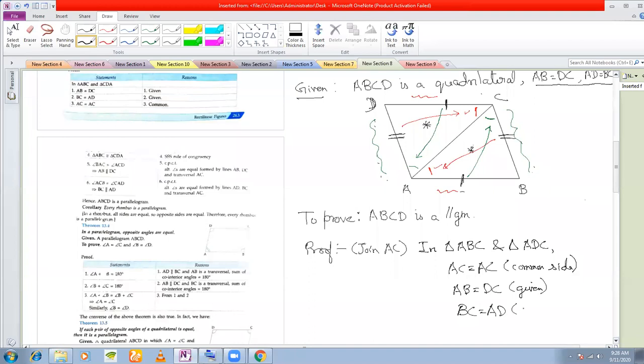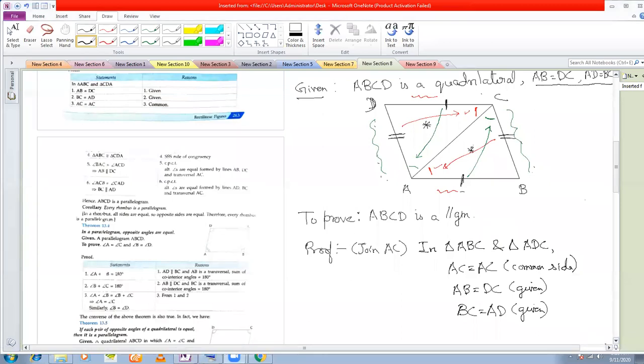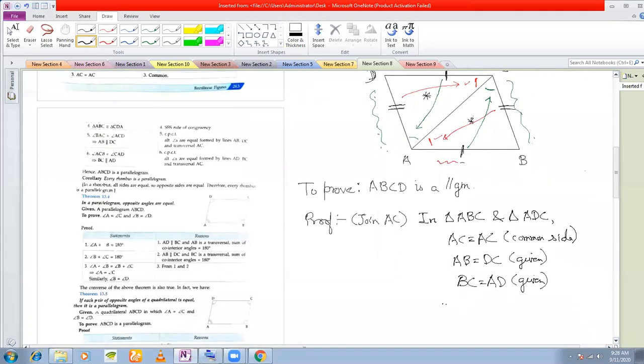This is also given. Therefore, triangle ABC is congruent to triangle ADC by SSS.